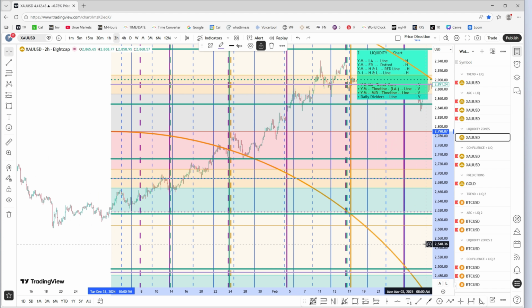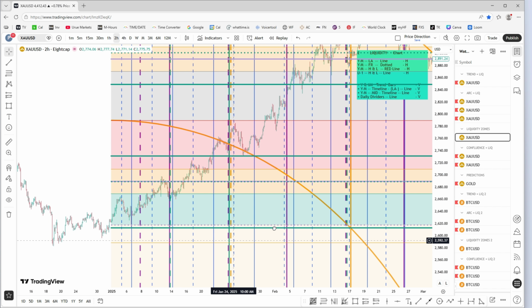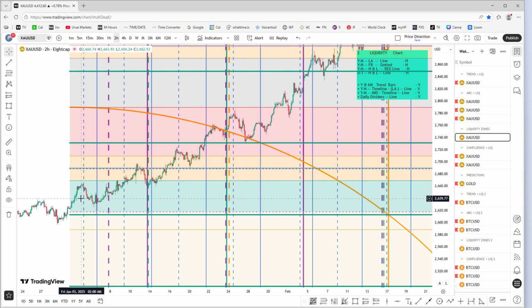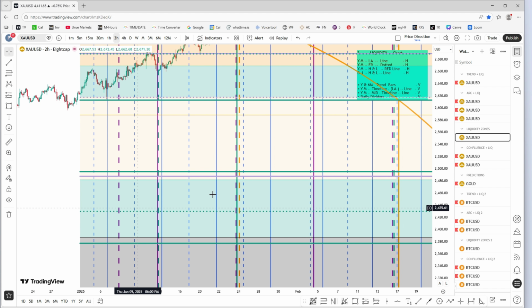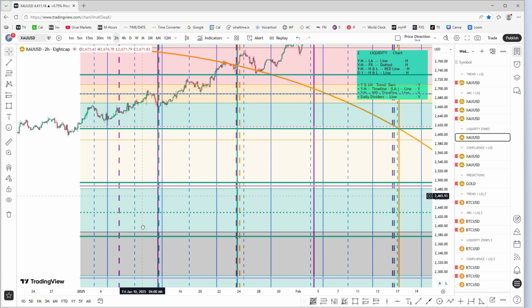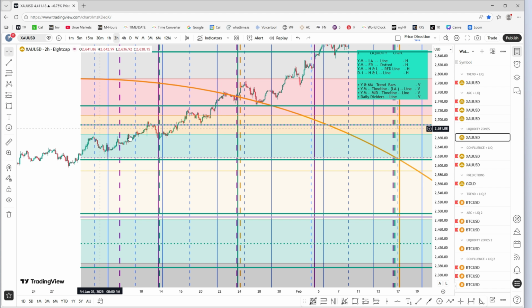2025 opened with price around the 0.382 or 0.618 level, as you can see right here. Excuse me, this is 0.618 something.